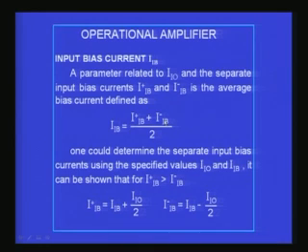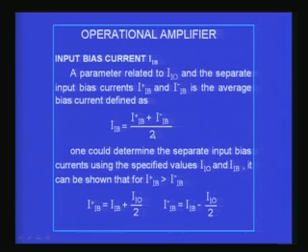We have already also seen that these two currents ideally should be equal, but in reality they need not be equal, and that is why we take the average of the two currents. So once you know this, you can also determine the separate input currents flowing into each of the terminals.